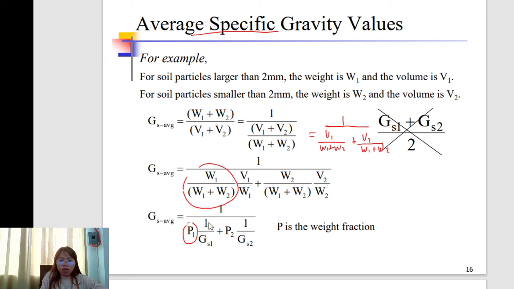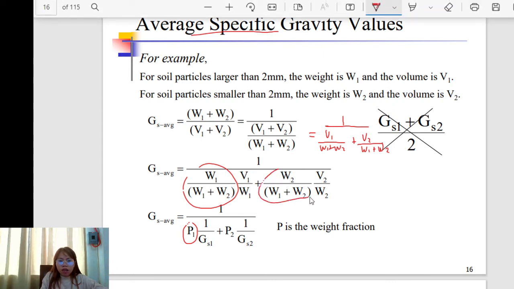So 1 over specific gravity 1 plus the weight fraction P sub 2 times 1 over G sub 2, or the reciprocal of this ratio, no?